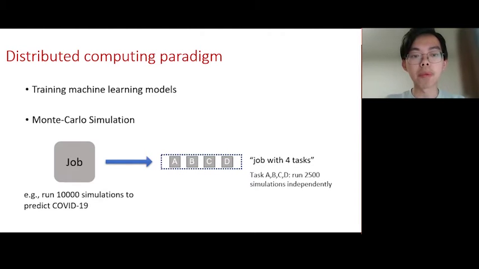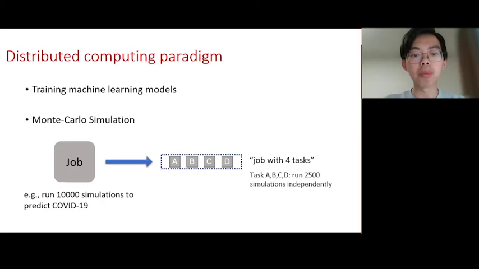Then this big job can be decomposed into 4 independent subtasks, A, B, C, D here. Each means running 2,500 simulations, and they can be run in parallel. When all the 4 tasks are completed by the computer, we can obtain the results for the big job by summarizing their results.